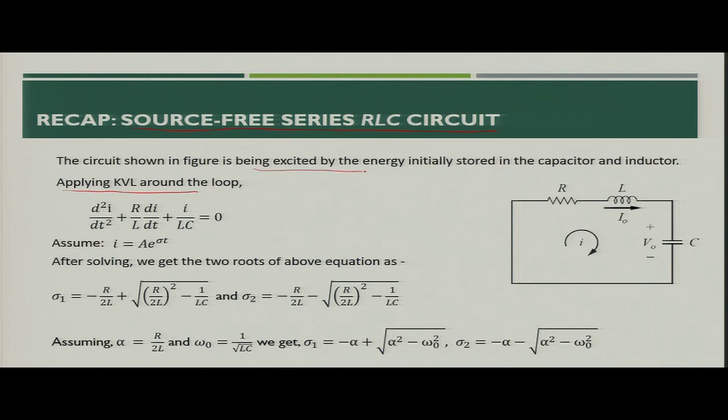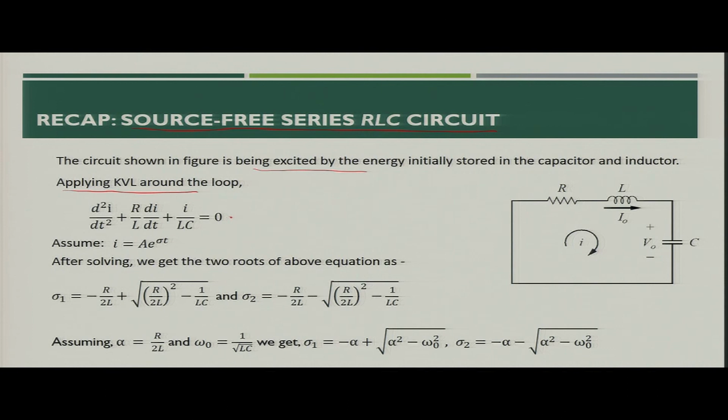In this figure, the energy is initially stored in the inductor as well as the capacitor. The capacitor is initially charged with voltage V naught and the inductor has some initial current I naught. Since these two elements are storing the energy, the circuit has some current flowing.